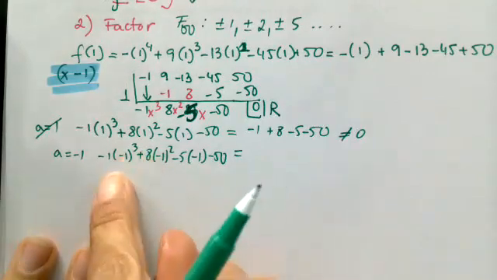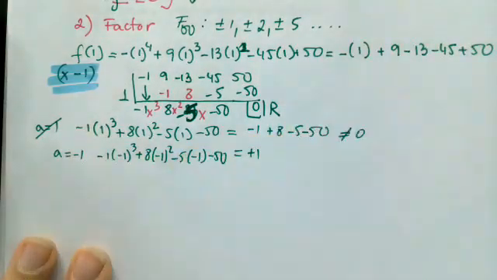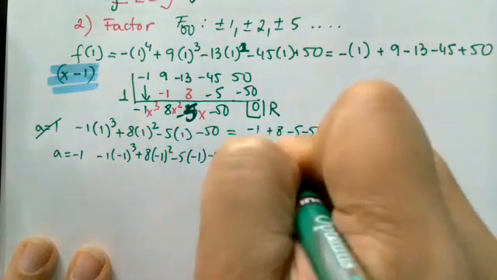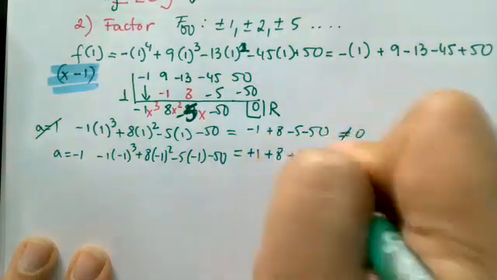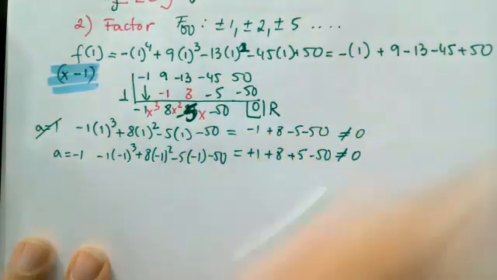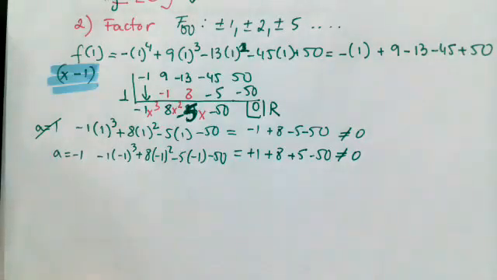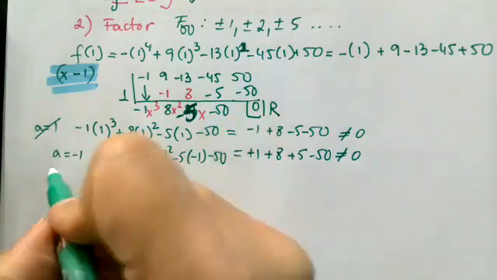That's negative 1, plus 8, plus 5, minus 50, not enough to neutralize the negative 50, so it's not a factor.